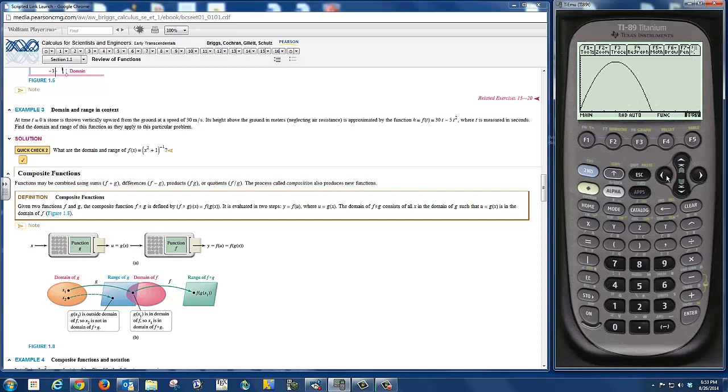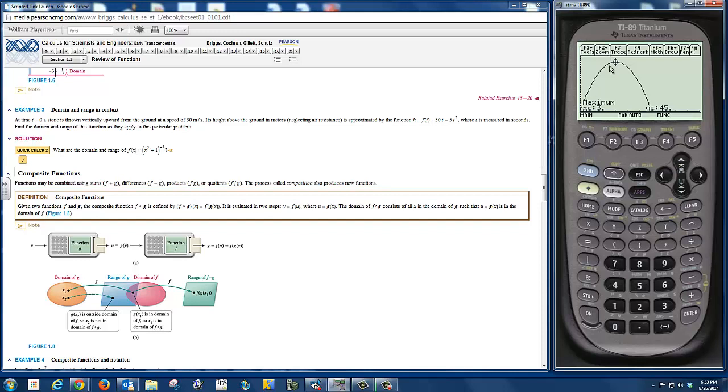So you want to get to the left of the peak. So just use the arrow keys here. Okay, I'm to the left of the peak. Press enter. Now an upper bound, so you want to get to the right of the peak. Okay, I think I'm to the right of the peak enough. And then it says, the maximum occurs when the time is 3 and the height is 45. So it looks like the range goes from 0 to 45.